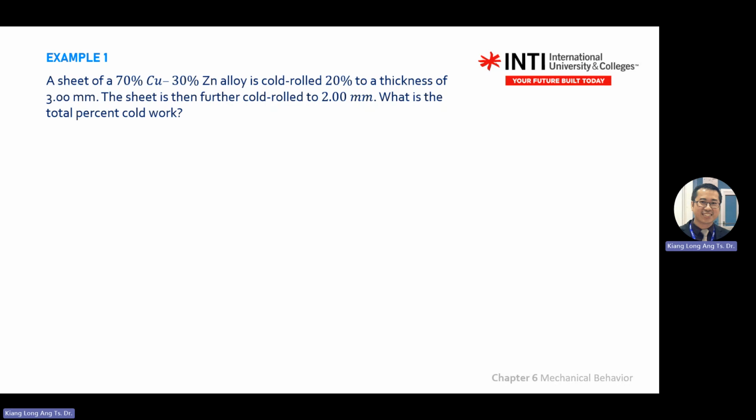It gives you 20% already, and the final thickness is given. So using this equation, left-hand side given, initial thickness missing, rearrange the equation and solve. What is the initial thickness? If you work back the equation, can you calculate? Percentage of reduction or percentage of cold work equals initial minus final divided by initial, multiplied by 100%.